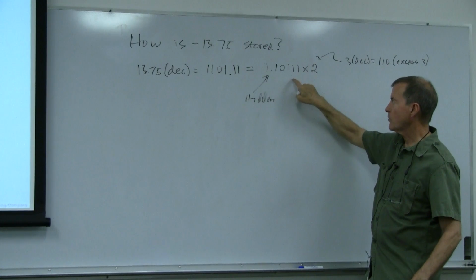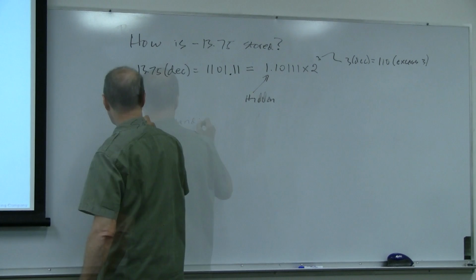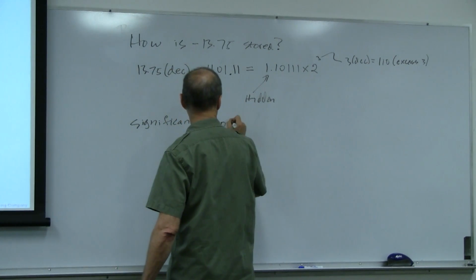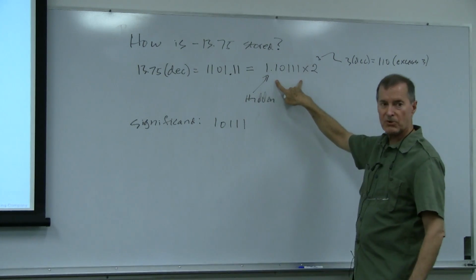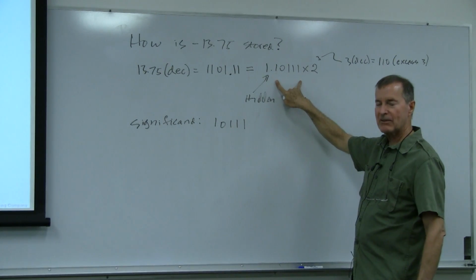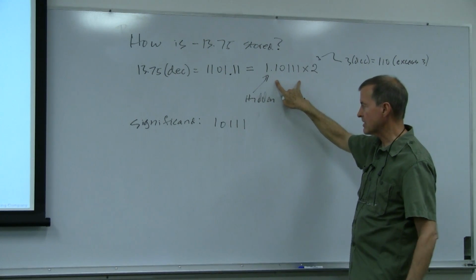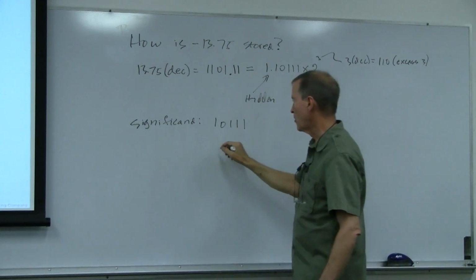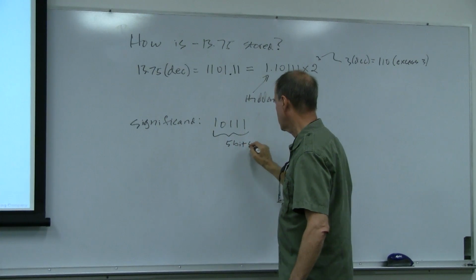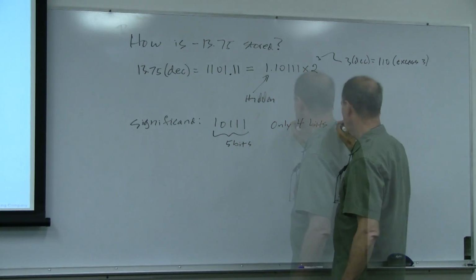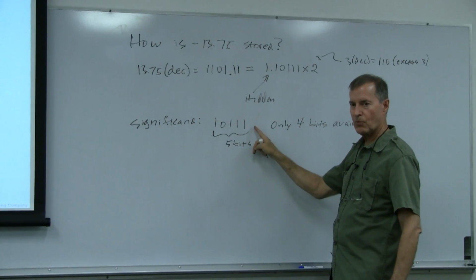We've got 10111, so the significand is 10111, because we're going to hide this one. But in our little tiny example, we only have 4 bits allocated for our significand, so only 4 bits available. So we have to round off the last one.